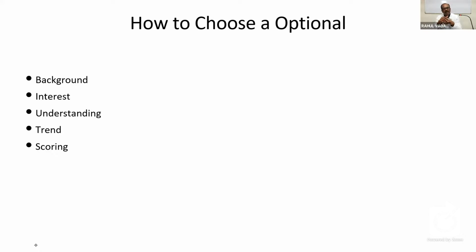You have to see the trend, how the subject is doing in the market. You have to see how the marks are coming. In many subjects, by doing less, you are getting more marks, but in others, by taking more efforts, you are getting less marks. Generally, there are such subjects.